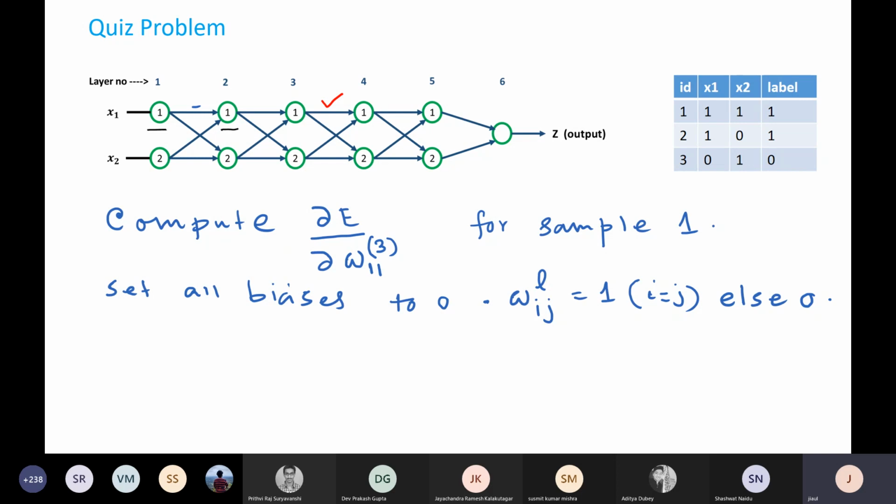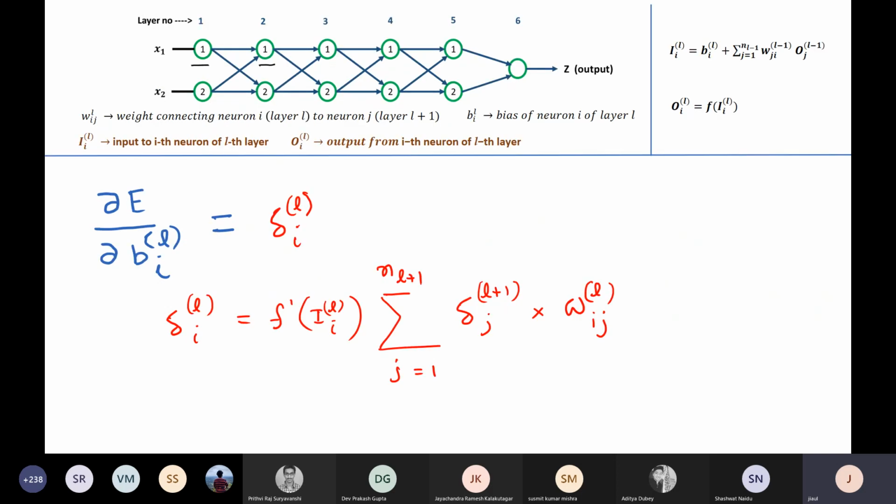If you go back to my formulation, you remember that delta Li is a quantity, in a sense a derivative, associated with each of these neurons. Now we know that delta Li depends on delta L plus 1 of the other neurons in the next layer. That is why you have to compute all this.